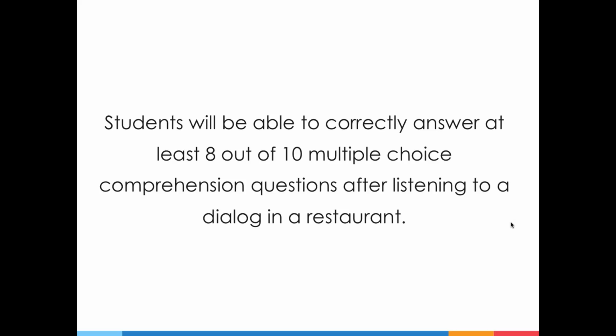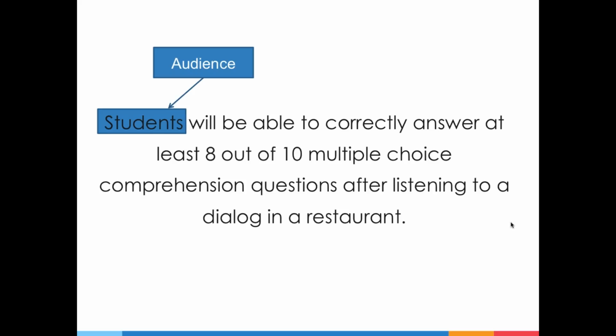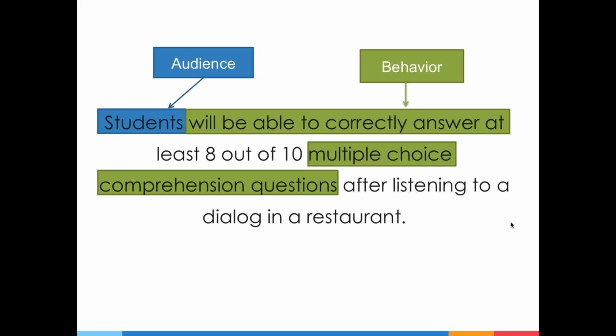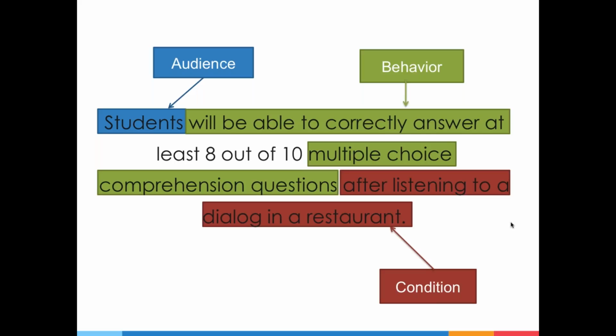So again, the audience is always, always, always the students. And what do we want them to be able to do? Behavior. Well, we want them to be able to correctly answer multiple choice comprehension questions. But you see, at least 8 out of 10, well, that's going to be the degree.